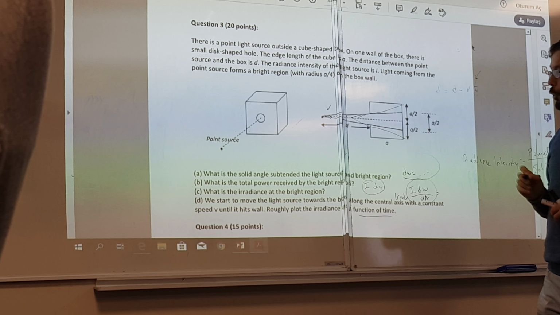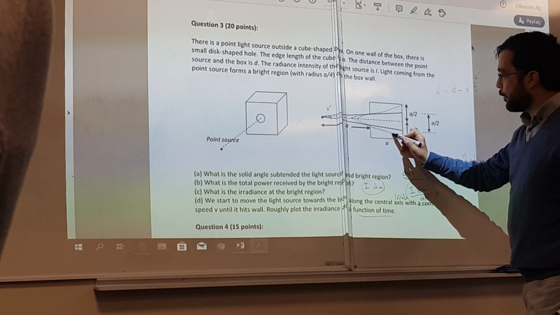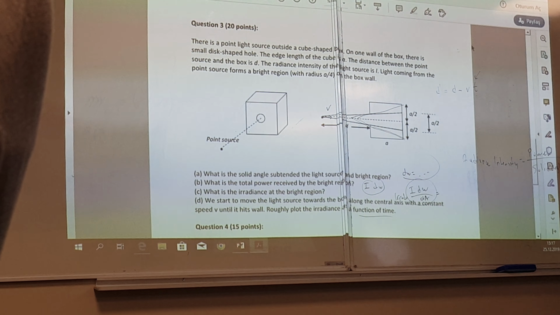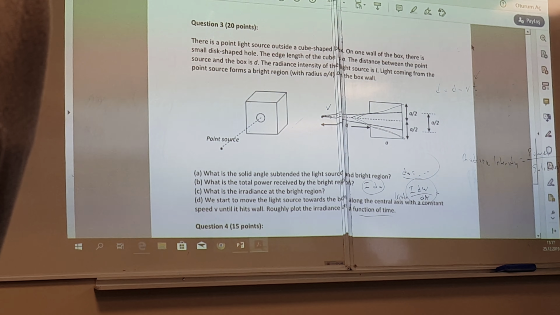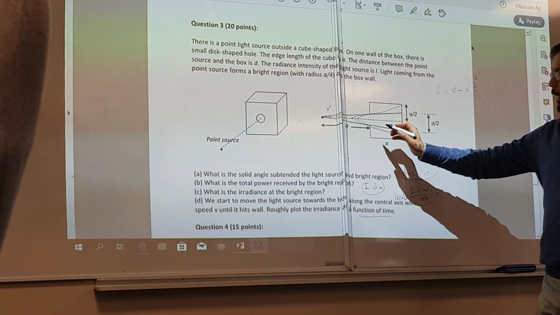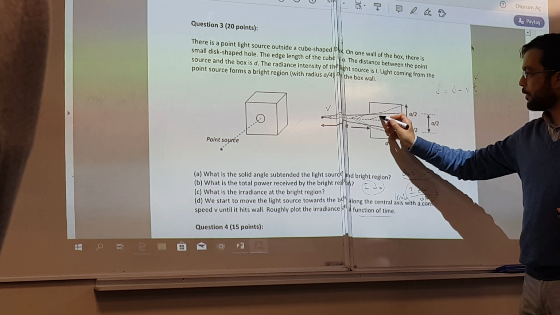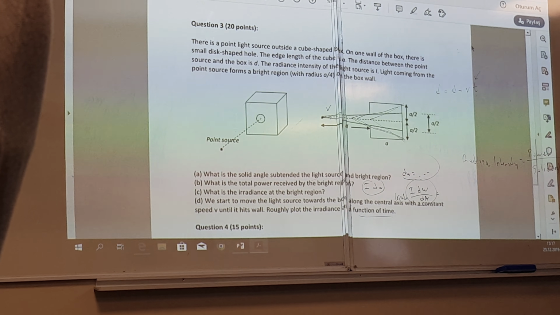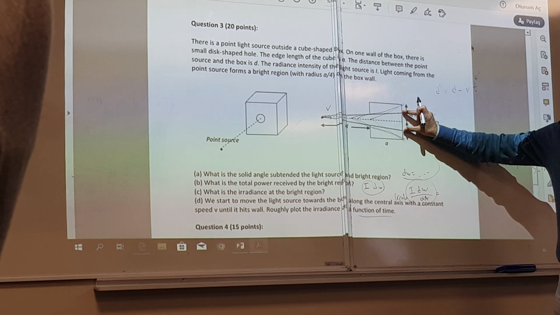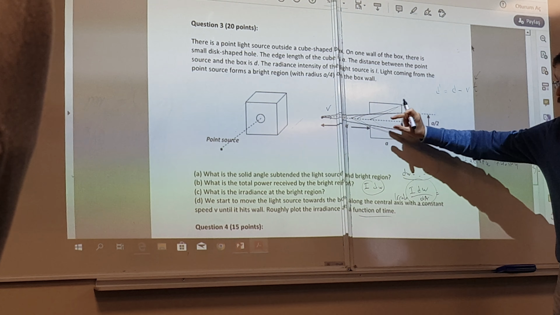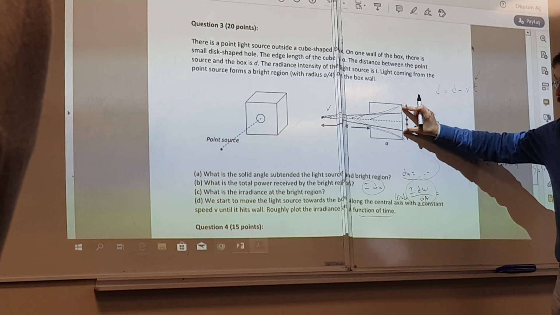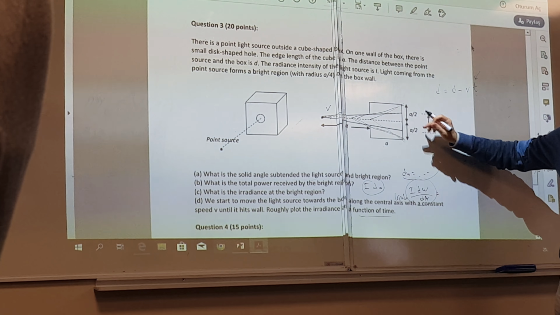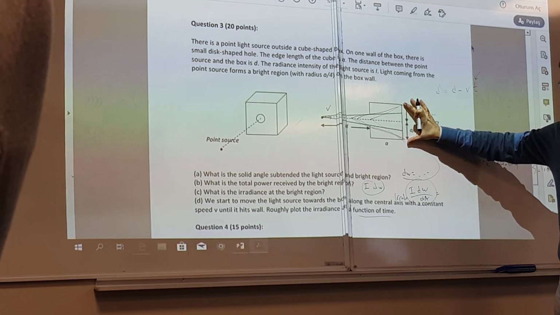Light is going to hit all the opposite wall. Okay, and as you move inside, now it will become something like this. So your area will expand for a while using the formula that you have found, but after a while, that area is going to become constant.